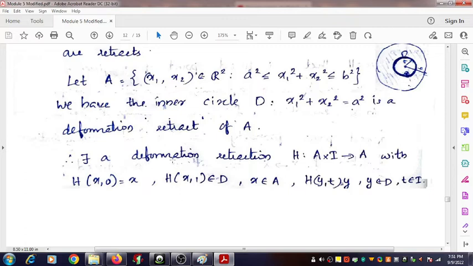Then we can choose a continuous function, and that is the deformation retraction.